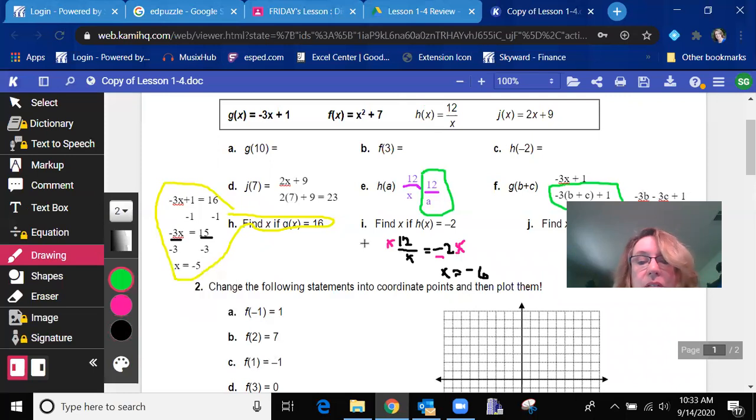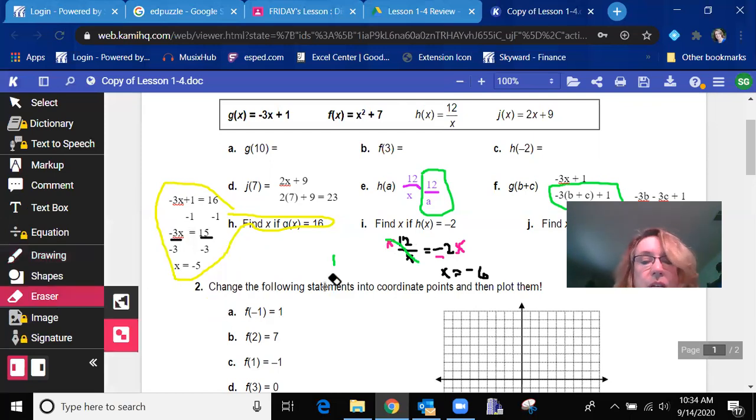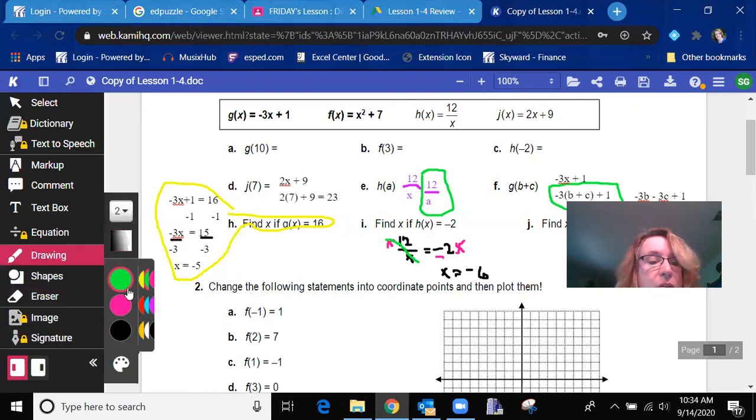That's going to let me cancel those out, because this is a divide by x and that's a multiply by x. So then I have 12 on this side of the equal sign, and the negative 2x.